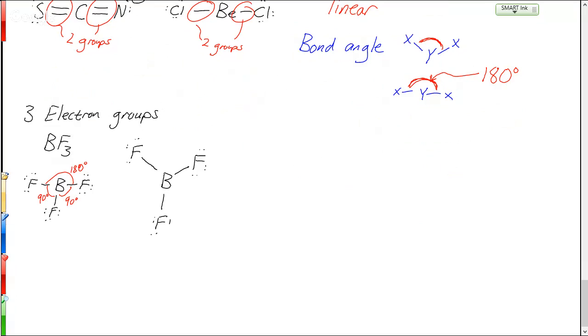If we space those out evenly, the angle that results is 120 degrees. And we call this shape trigonal planar. So we'll have a kind of triangle that's in a plane. So it's a flat molecule. And if all those spread out as much as possible, you end up with 120 degree bond angles.